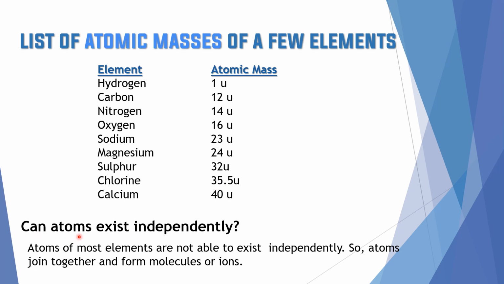And can atoms exist independently? That is one question. Atoms of most elements are not able to exist independently. So atoms join together and form molecules or ions to get existence. What a molecule is and what an ion is, we will study in the next class.